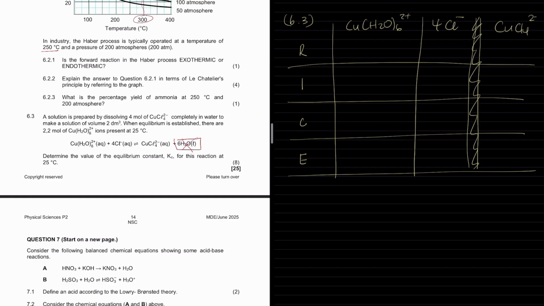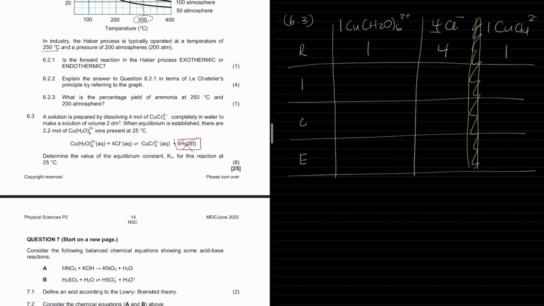Now R stands for ratio. We'll fill in the ratio of the reactants and products. So Cu, there's a 1 here, so 1 will go there. There's a 4, so 4 will go here. There's a 1 here, so 1 will go here.